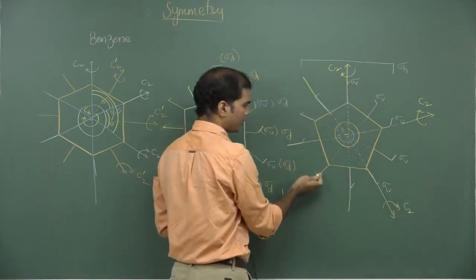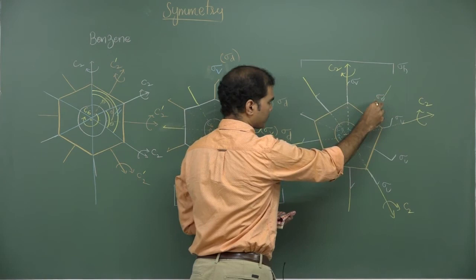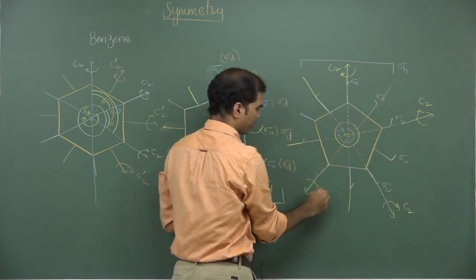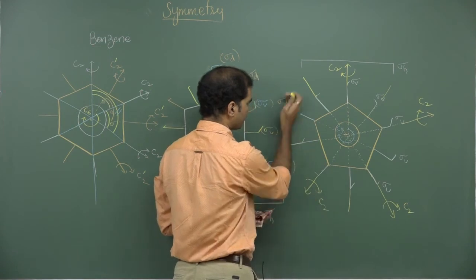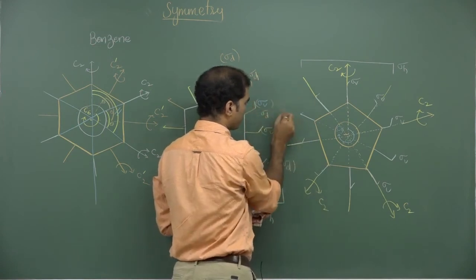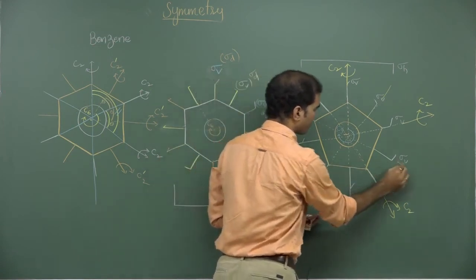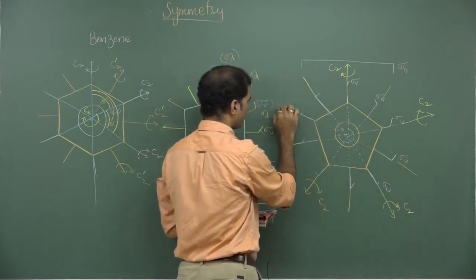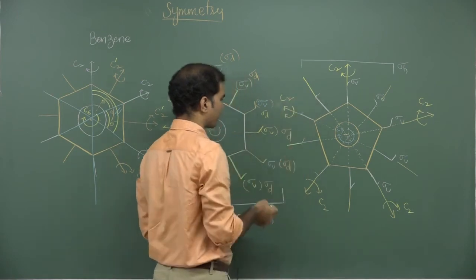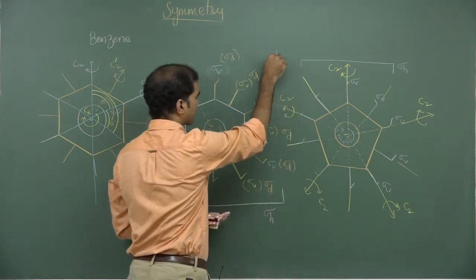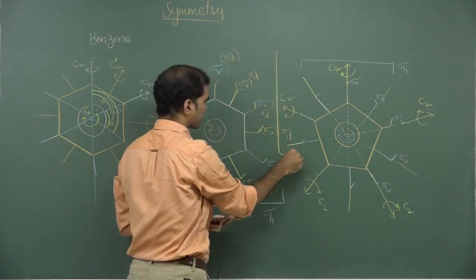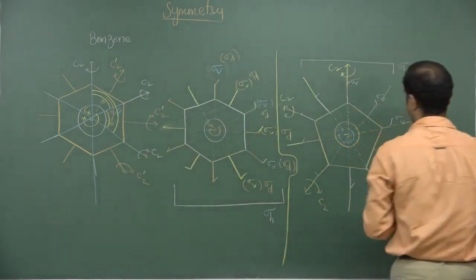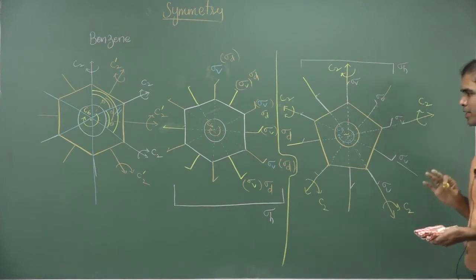Here is another C2. Fourth C2. Okay, I have put all the C2s. All the C2s are here now. How many different types of C2s are present here?